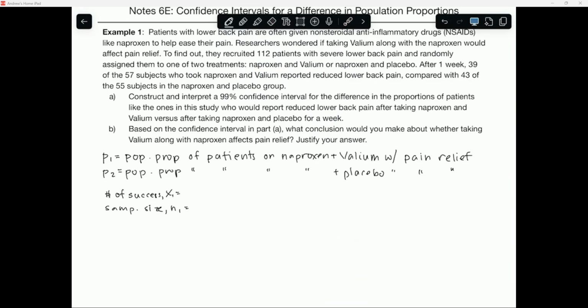For group 1, we're told 57 subjects took both naproxen and Valium, and that 39 of them reported pain relief.